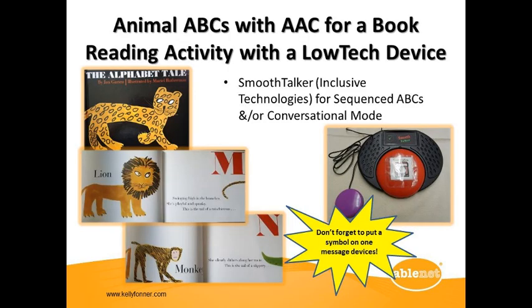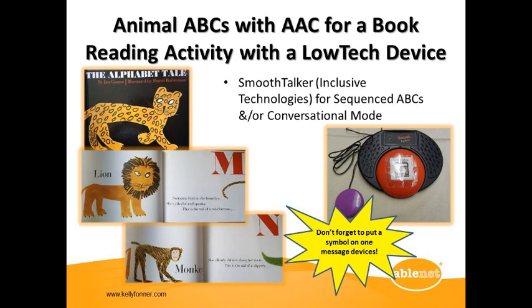Let's talk about some other ways of communicating. So working on the idea of predicting or moving ahead and taking turns, and doing that with some of the low-tech systems that are out there. Inclusive device or any of these devices that have sequence mode, step-by-steps, those kinds of products, where you have books that do this little prediction, where here in the alphabet's tail, you have the letter, and then the next coming letter, you see the tail of the animal.